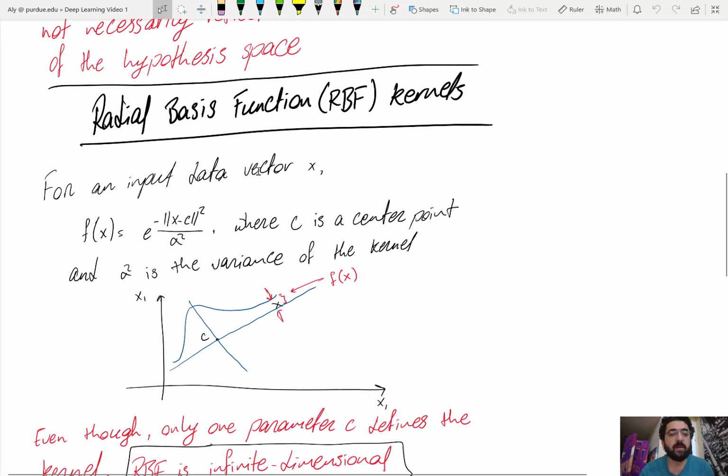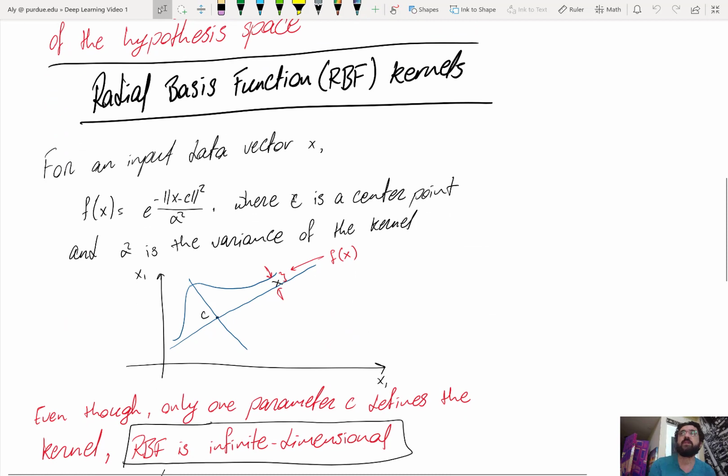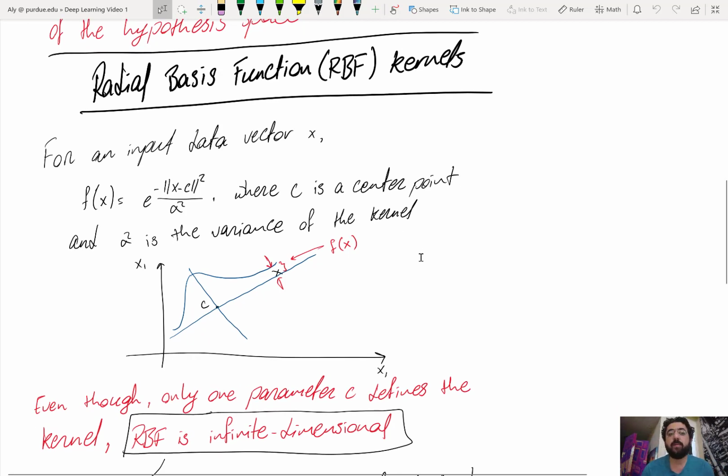So let's take an extreme example of what's known as radial basis function kernels, right? And ignore the word kernel for now. Kernel just means a function that the model is trying to predict, right? We will come back to it later. But this is an extreme example because these RBF kernels are very powerful functions.